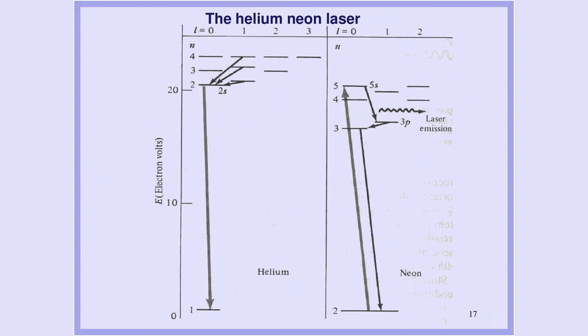When an electric discharge occurs in the gas, electrons that end up in the 2s state in helium can't return to the 1s ground state because the orbital angular momentum of the two states is the same. The 2s state is metastable.